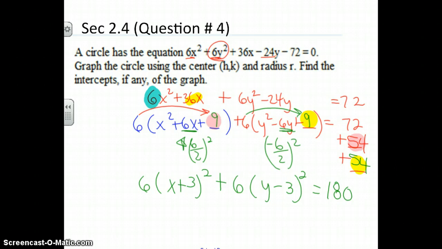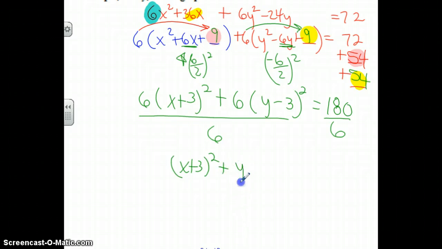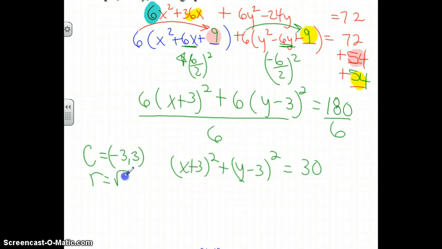Whereas if I divide through every term by 6, I'll have x plus 3 quantity squared plus y minus 3 quantity squared is equal to 30. So now I can see that the center of this is at negative 3, 3, and my radius would be the square root of 30.